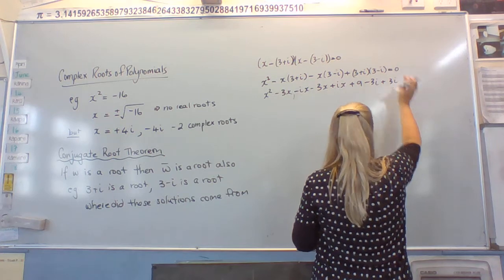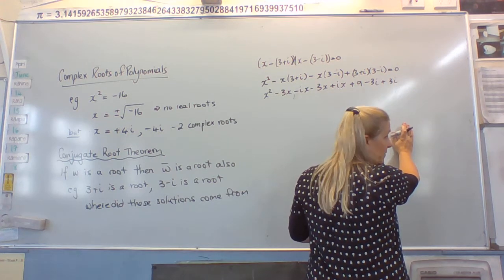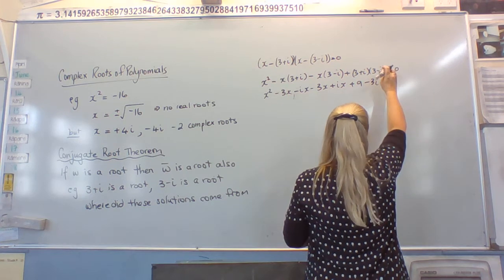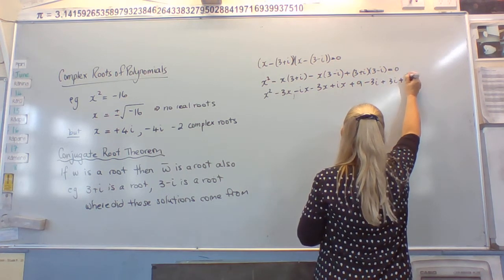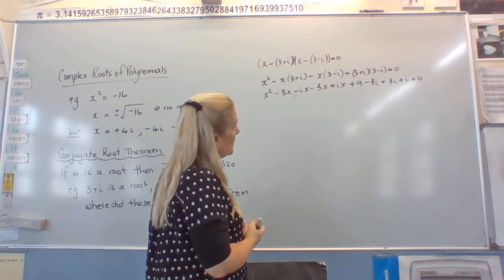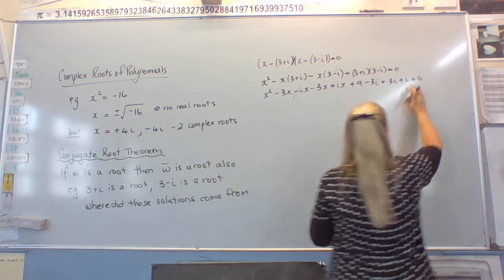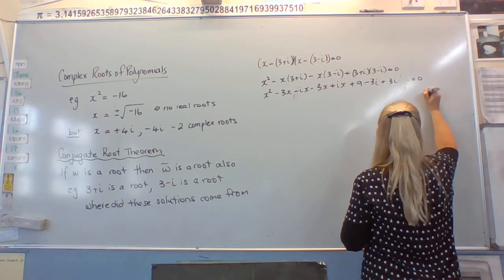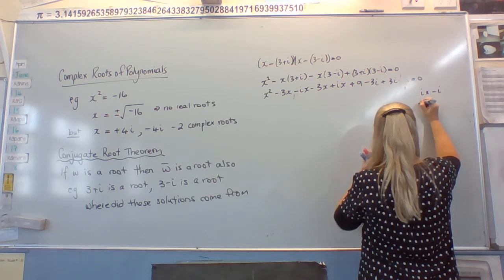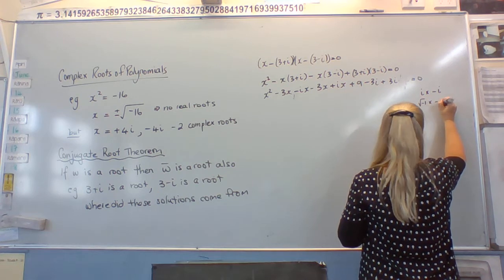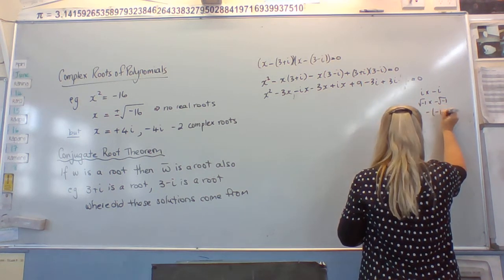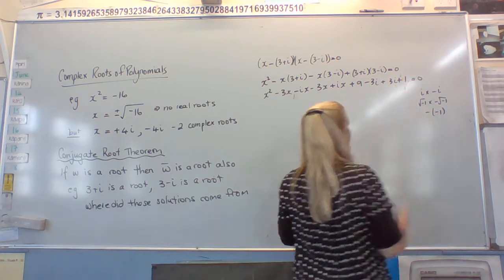Then i times negative i is the square root of negative 1 times negative the square root of negative 1, which equals negative the negative 1, which means plus 1.